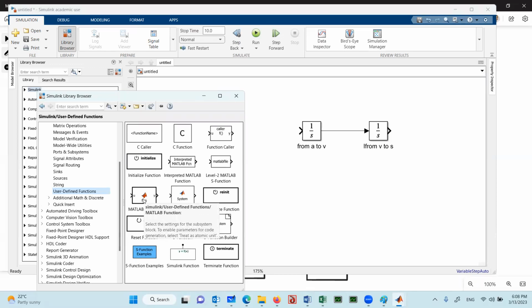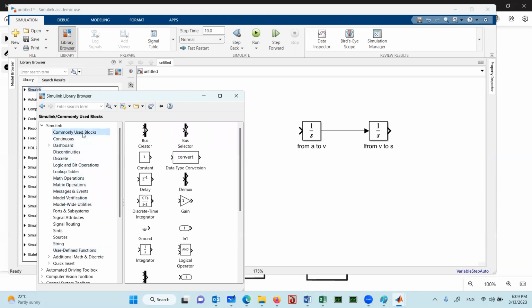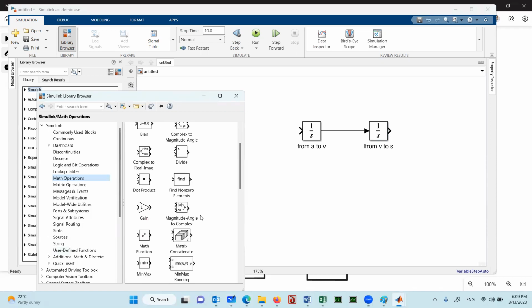So it's better to have it in this form, because we want to multiply it times 5. Maybe I recommend using a block. Looking for math functions, math operations. We have e to the power minus t. So here we go.